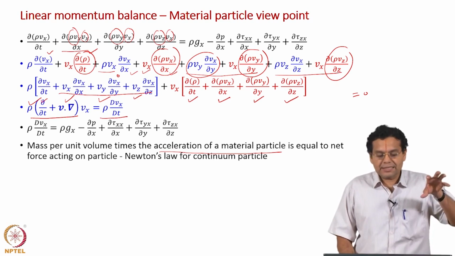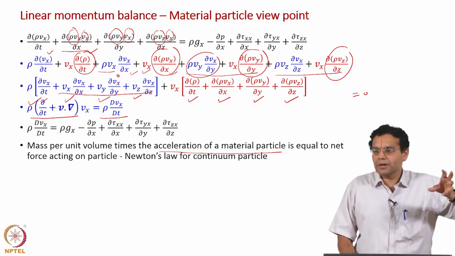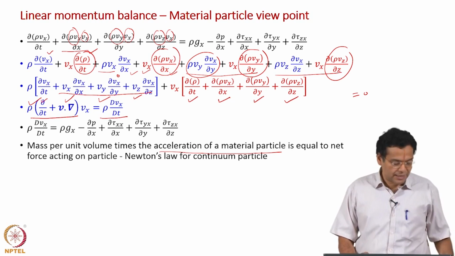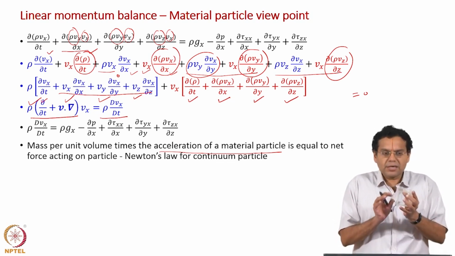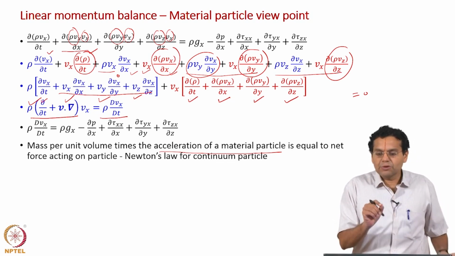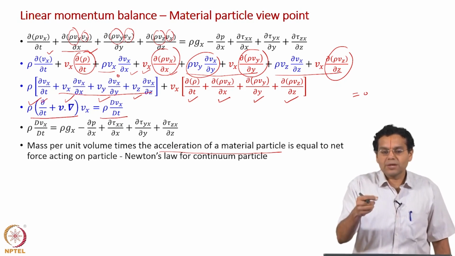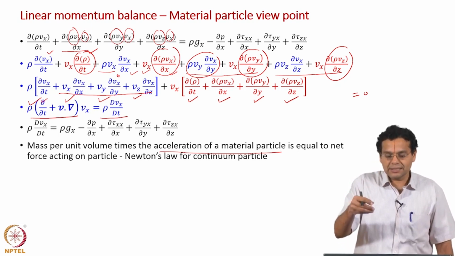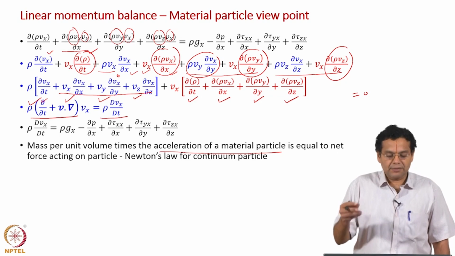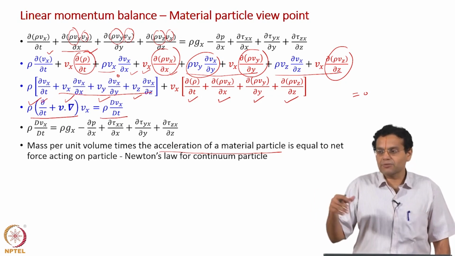The left hand side has changed from an Eulerian viewpoint to a Lagrangian viewpoint. Earlier it was for a fixed volume, what is happening in the small region. Now, if you follow a fluid particle, how does its density into acceleration change, and that is nothing but governed by the forces acting on that fluid particle.